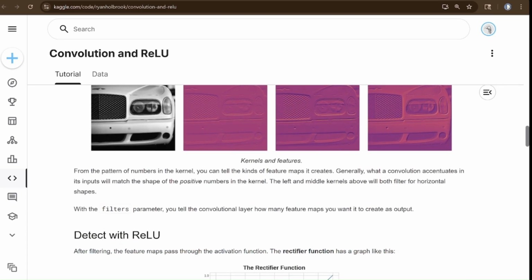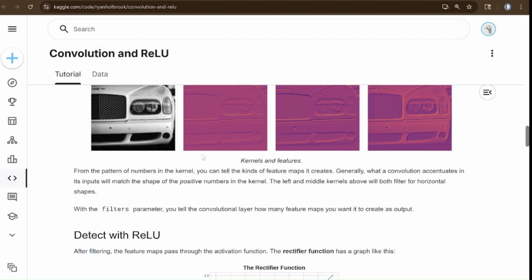Now from the pattern of numbers in the kernel, you can tell the kinds of feature maps it creates. Generally, what a convolution accentuates in its input will match the shape of the positive numbers in the kernel. The left and middle kernels above will both filter for horizontal shapes. With the filters parameter, you tell the convolutional layer how many feature maps you want it to create as output.